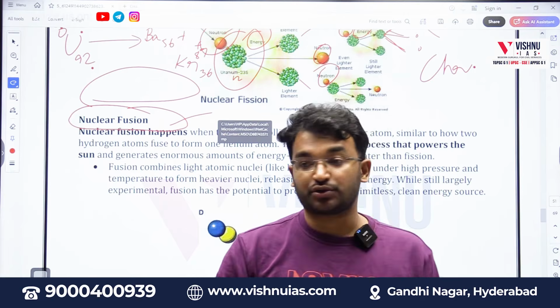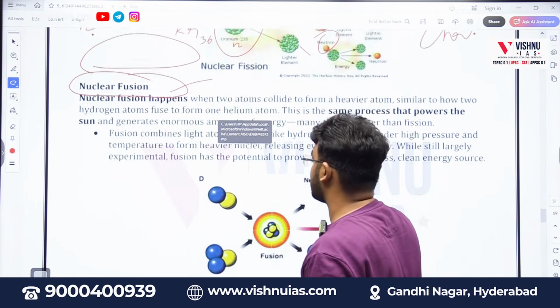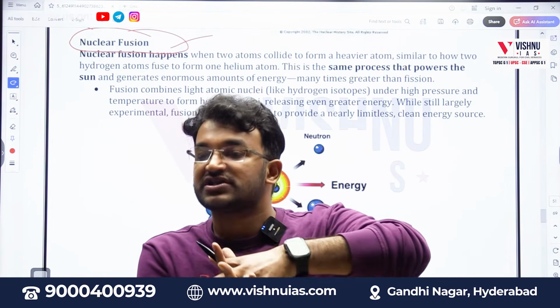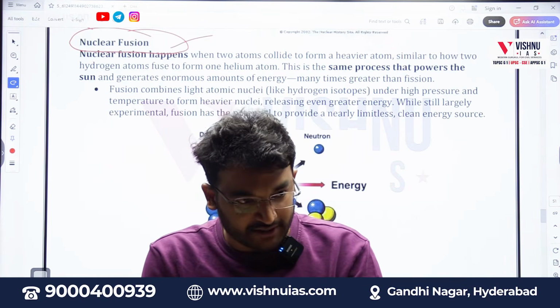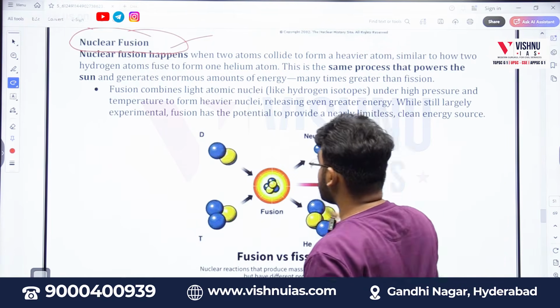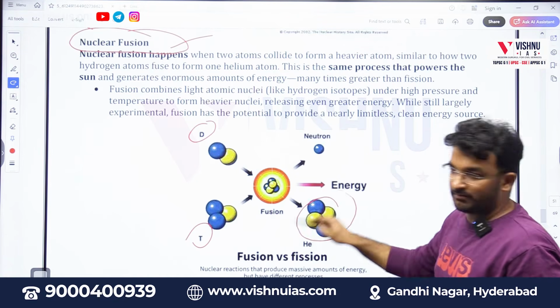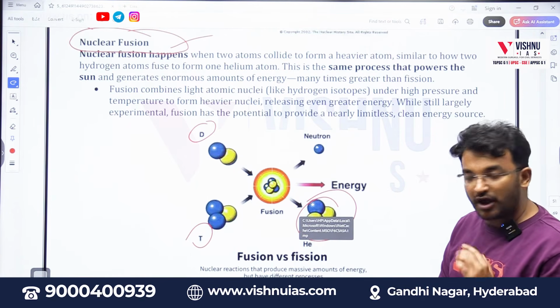Now what is this nuclear fusion? In fusion, 2 smaller nuclei come together to form a larger nucleus. For example, deuterium and tritium combining to form helium.